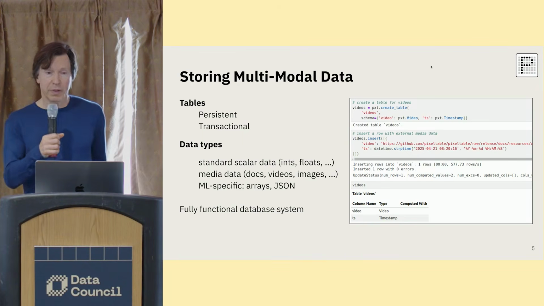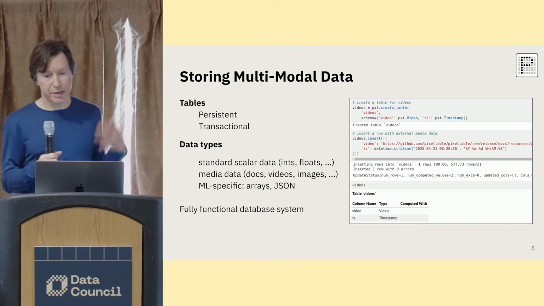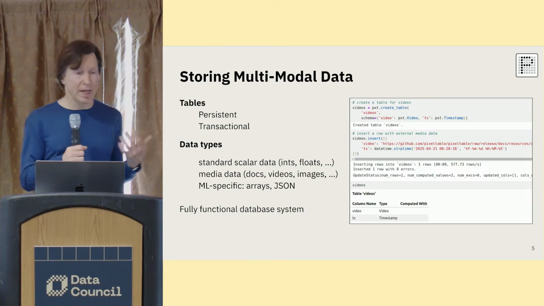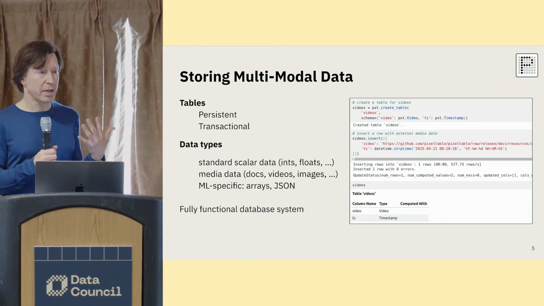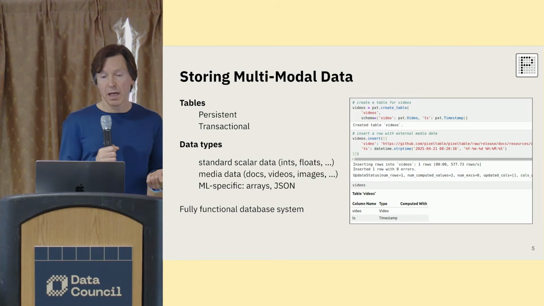Starting with storage, I mentioned Pixeltable is for multimodal applications. All data in Pixeltable resides in tables. Tables are persistent, tables are transactional, you're getting concurrency, you're basically getting a fully functional database system.